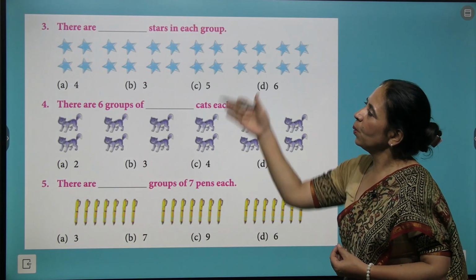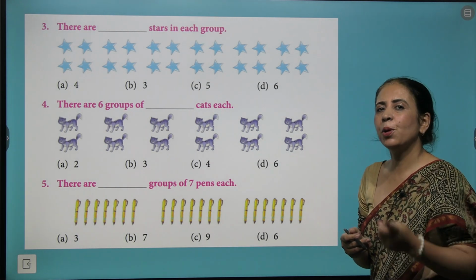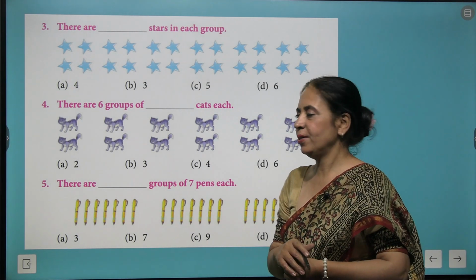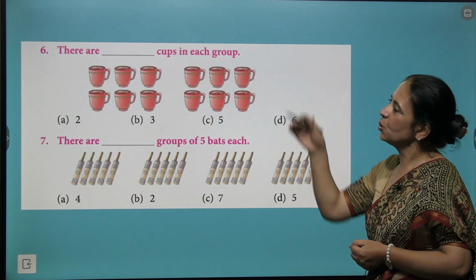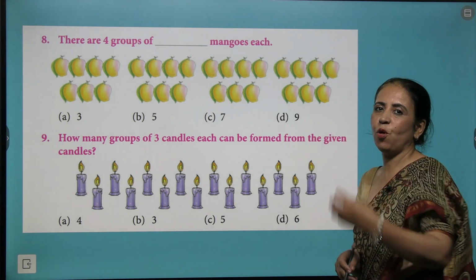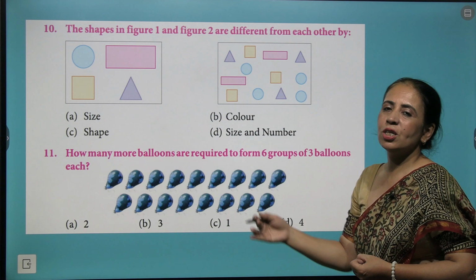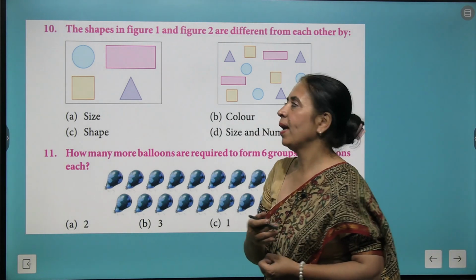So now you are going to take each question as a challenge, and I know you are able to crack that challenge, right? Let's start doing these questions, and we will learn how to form the groups, and if the groups are already given, how much is missing and how much is to be added.